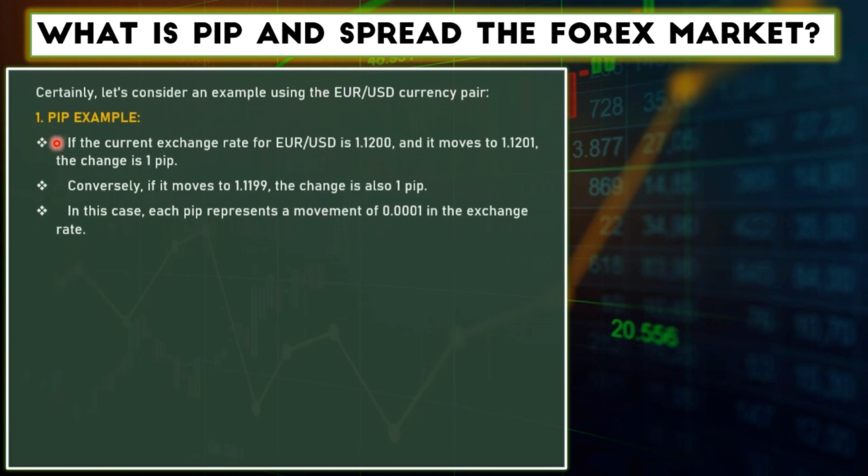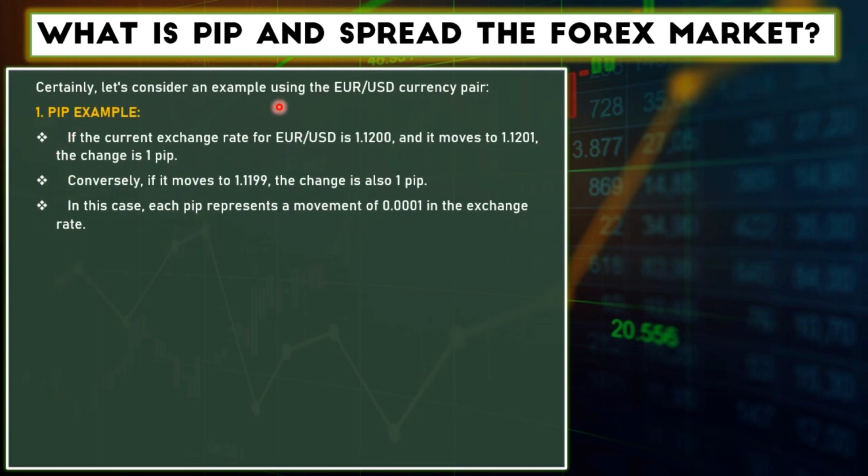Certainly, let's consider an example using the euro to US dollar to see what pip and spread actually are. Let's talk about the pip example first. If the current exchange rate of euro to US dollar is 1.1200 and the price moves to 1.1201, the change is 1 pip.